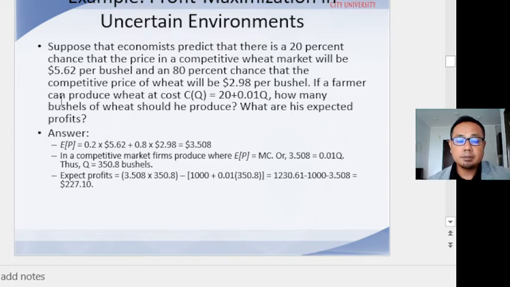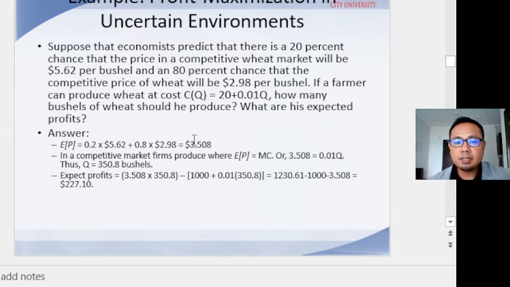Suppose that economists predict that there is a 20% chance that the price in a competitive wheat market will be $5.62 per bushel, and an 80% chance that the competitive price of wheat will be $2.98 per bushel.